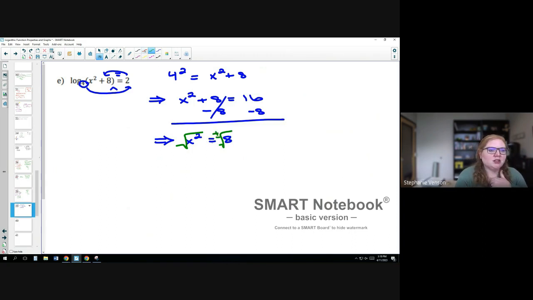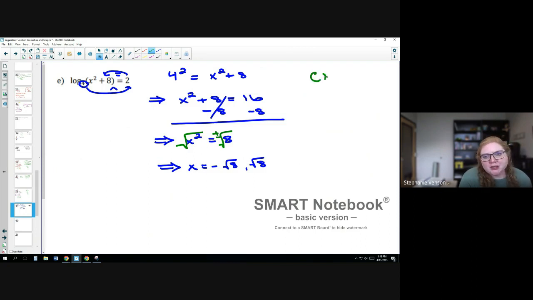So that would give me 2 answers. x equals negative square root of 8 as well as positive square root of 8. Now I am going to have to simplify those answers, but I'm going to check them before I simplify them because I don't want to simplify something that I have to throw out anyway.